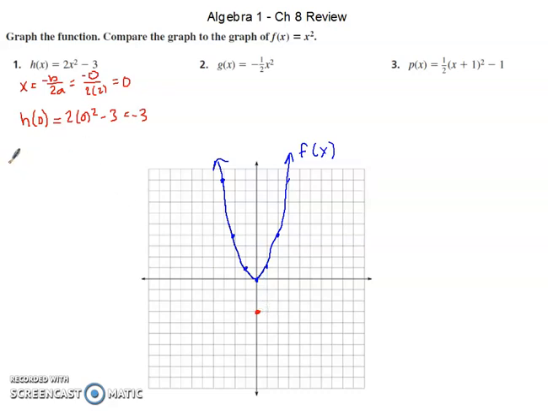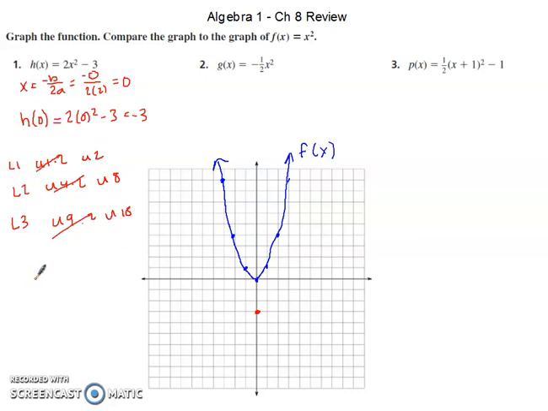Now my pattern is generally left 1, up 1, left 2, up 4, and left 3, up 9. But our a value is multiplying all of those ups by 2, so I'm going to multiply by 2. So I'll be going up 2 instead, up 8, and up 18. And then we reflect on the right-hand side.